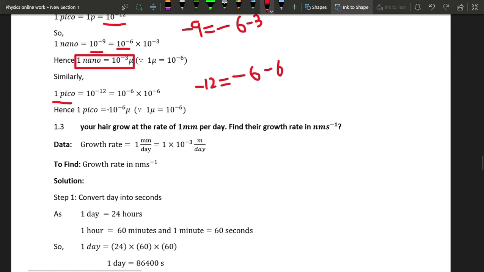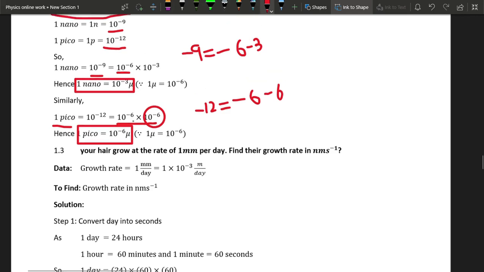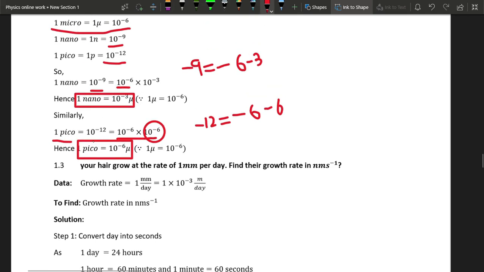So we see 10 raised to power minus 6 into 10 raised to power minus 6. We can replace this 10 raised to power minus 6 with micro. So it will be 1 pico equal to 10 raised to power minus 6 micro. So we have these two relationships: 1 nano equal to 10 raised to power minus 3 micro and 1 pico equal to 10 raised to power minus 6 micro. This is how we can relate these two prefixes with each other.